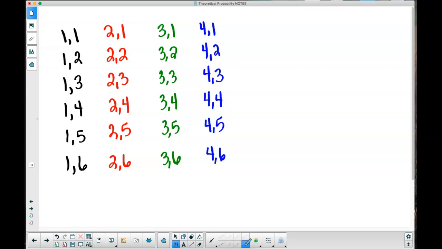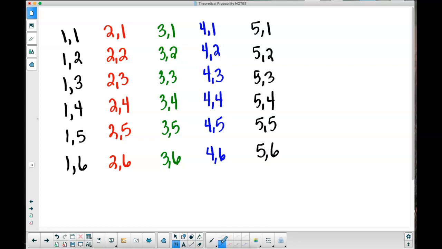We got 2 more columns to go. 5 and a 1, 5, 2, 5, 3, 5, 4, 5, 5, and 5, 6. And then finally we could have 6, 1, 6, 2, 6, 3, 6, 4, 6, 5, and 6, 6.